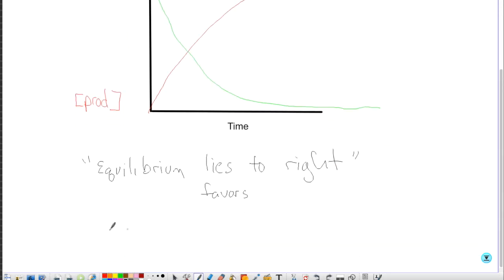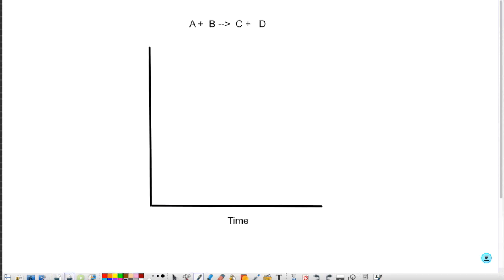So what about a case that looks like this? I was smart, so I can just go bam. Let me get back to my drawing tool. Uh-oh. Wah, wah. Color change. All right, there we go. Where my reactants look like this and my products look like this.